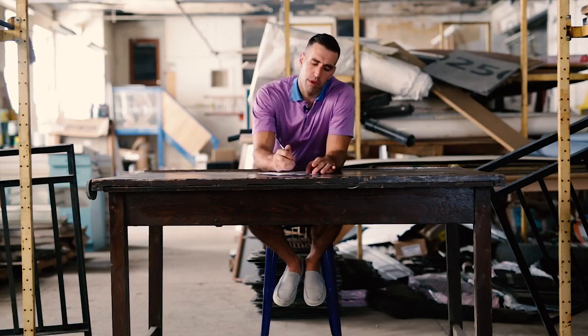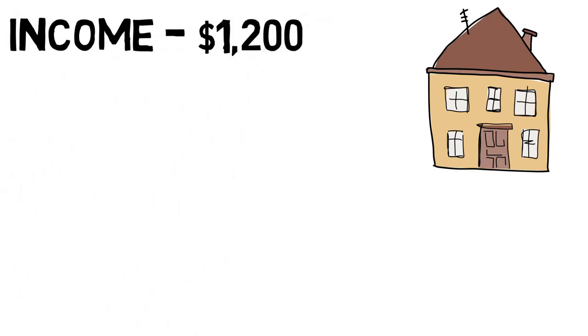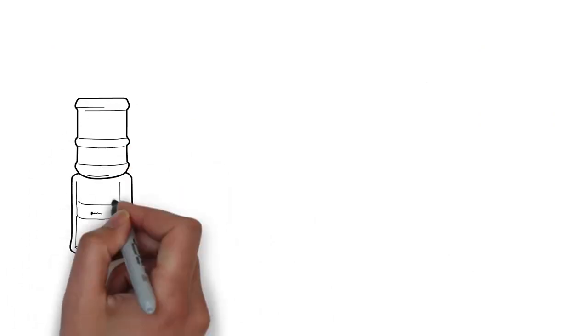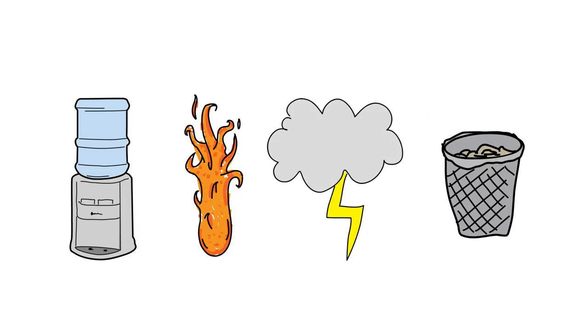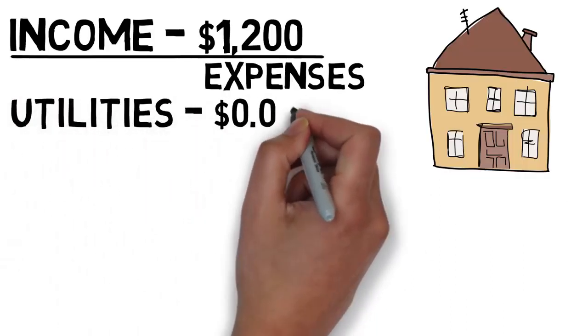So we start off with the income. Our rent for the subject property is $1,200. Our expenses include our utilities, which include water, gas, electric, and trash, all of which are zero. Why? Because this is a single family house where the tenant is paying the utilities.